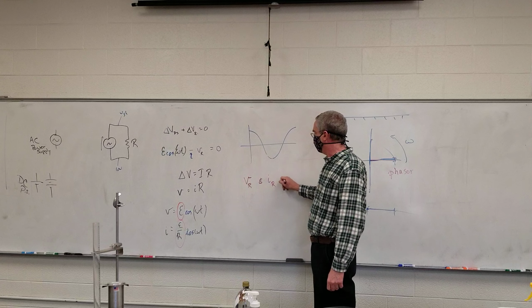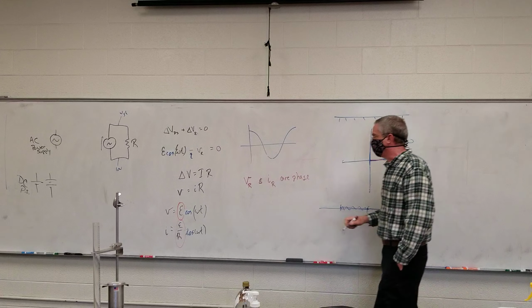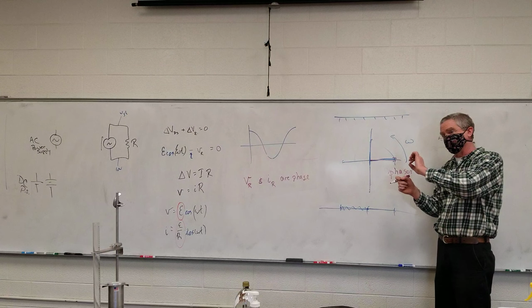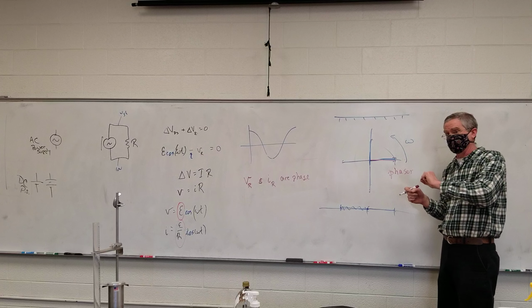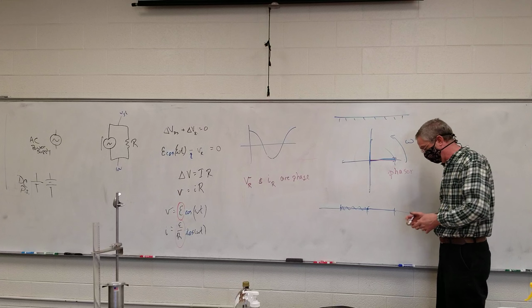V_R and I_R are in phase, which means that since I basically have two quantities here, this voltage of the resistor and this current going across the resistor, I have two arrows, one for each of those.